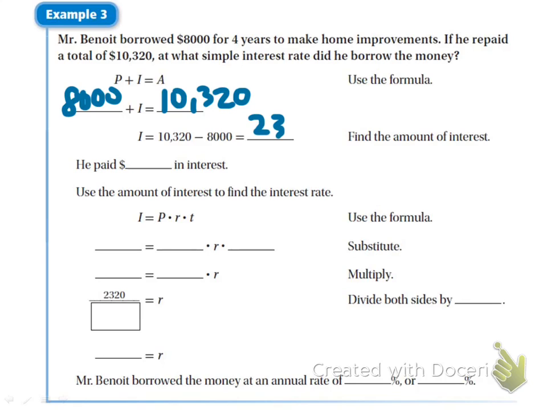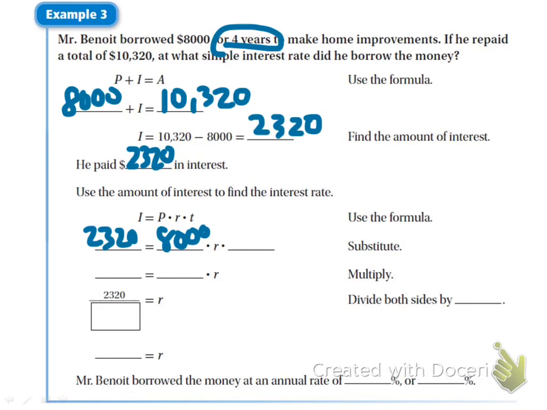Well, it's easy to see that his amount of interest was $2,320, and now we're going to put this back into the simple interest formula. So 2320, and his principal was $8,000, and the time they set up here in the problem was 4.